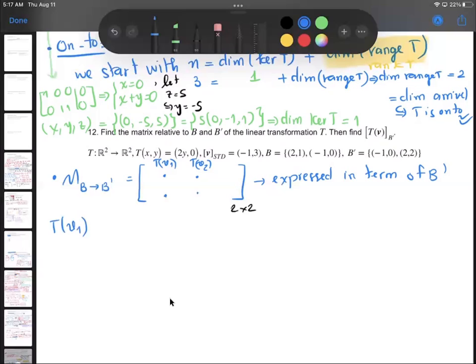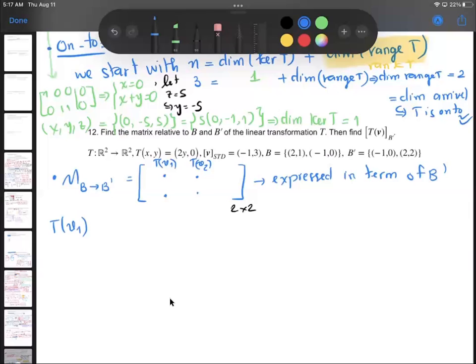All right. From the first one, I can solve for C1 and C2. C1 is negative 2, and C2 is 0.